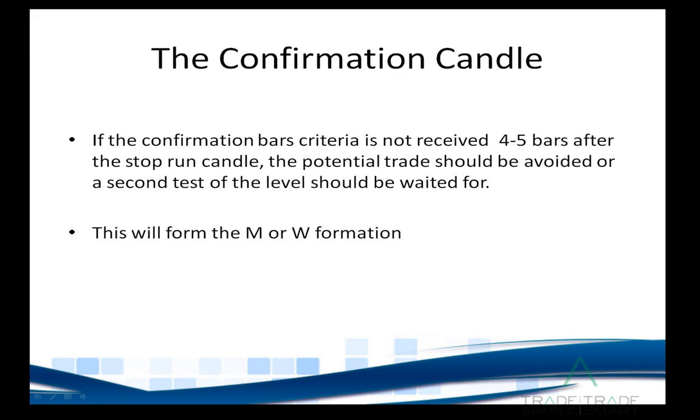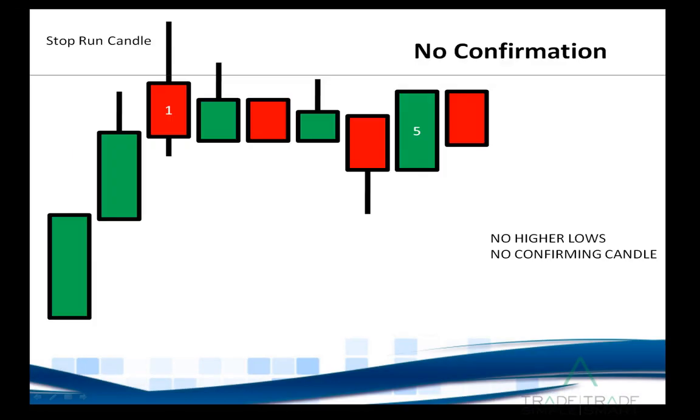So this is something you can trial and error, but generally 4 to 5 bars after a stop run candle, if we don't see the confirmation criteria met, we would generally void the trade or look for a second pass at the level. So if you take a look at this example, we see the stop run candle which has violated the manipulation zone as number 1, and then the 4 bars following have no confirmation to the downside.